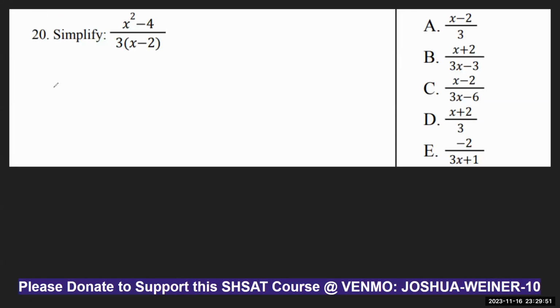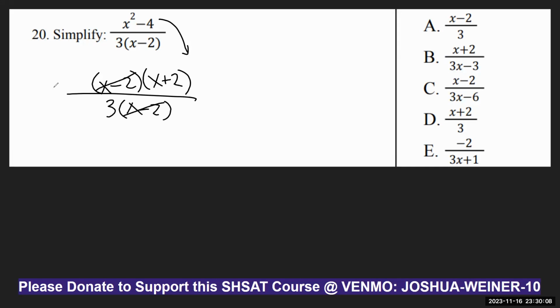If you've taken algebra, you know that the numerator is x minus 2 times x plus 2, when we rewrite it using the method called factoring, and then over 3 times x minus 2. Then this factor is the same as that, so they cancel, and we get x plus 2 upon 3. Done. Okay, but that's a high school lesson.